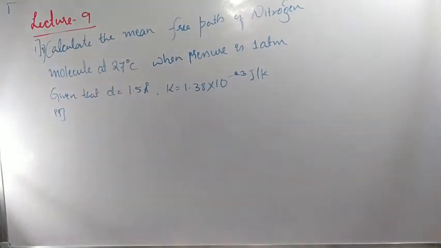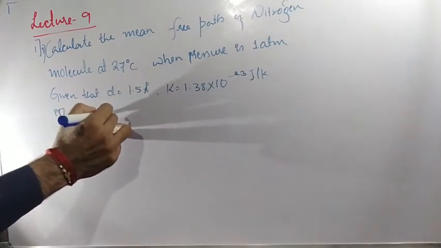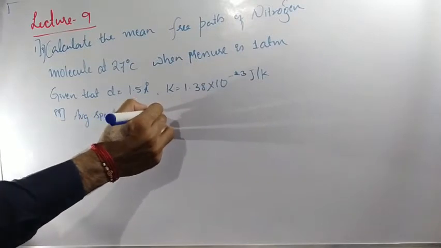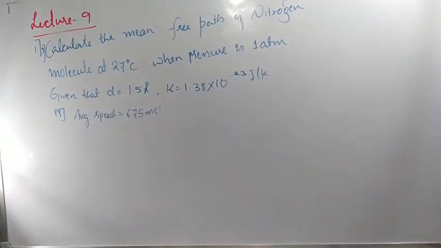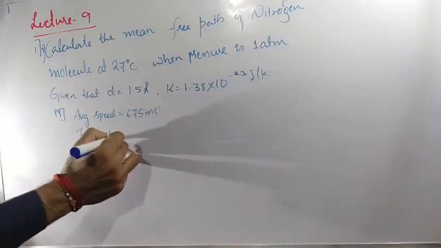And in the second part, they are asking: if the average speed of the molecule is 675 meters per second, find the time taken by the molecule between two successive collisions.